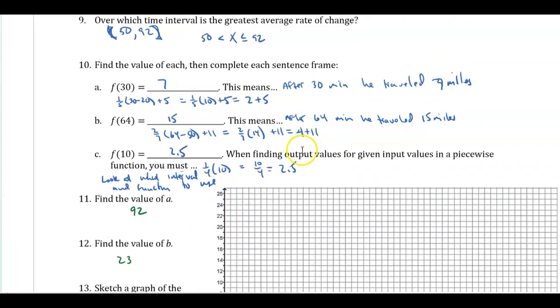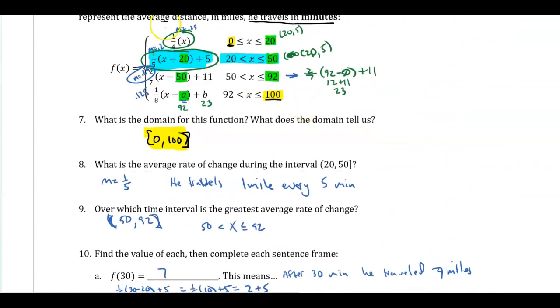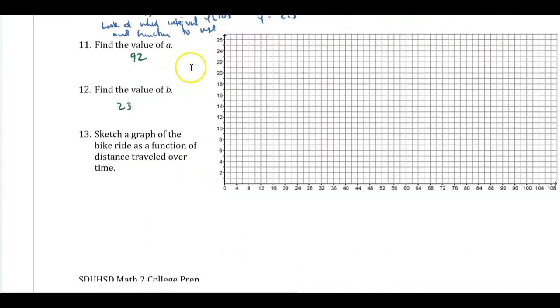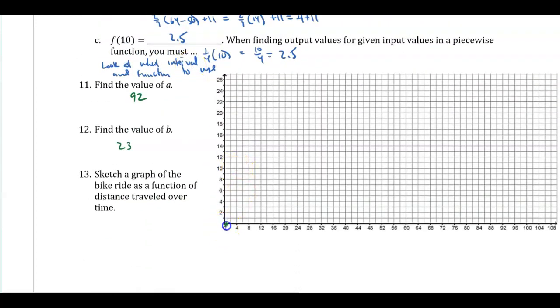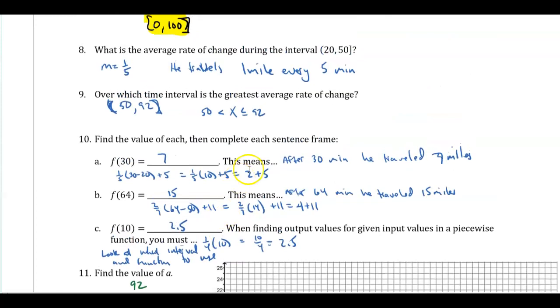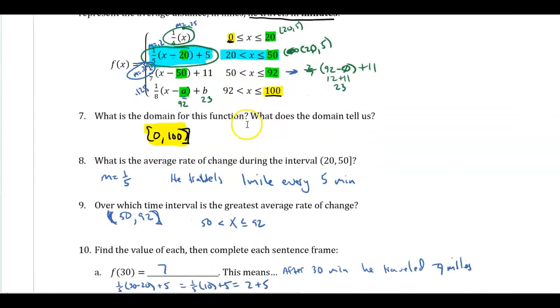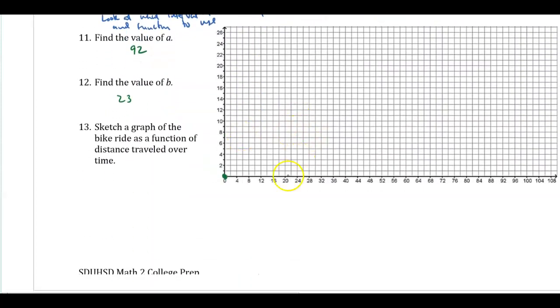Now if we had to sketch a graph of this, I know right away it starts at 0, 0. And if it ends at 25, that's going to be my next one. 20 and then 5. There's the first leg of the ride.